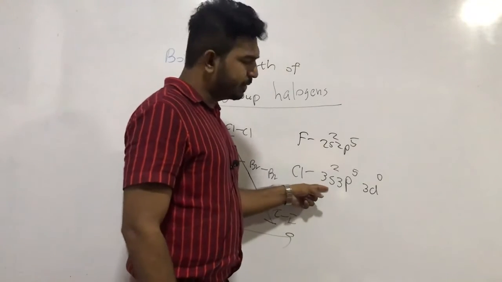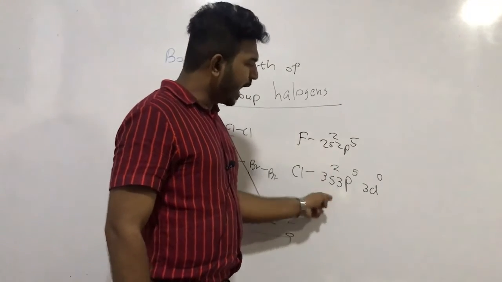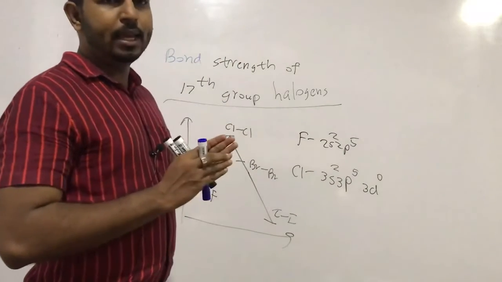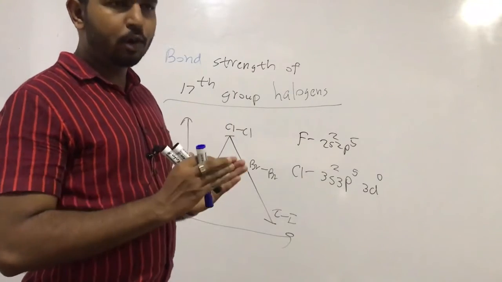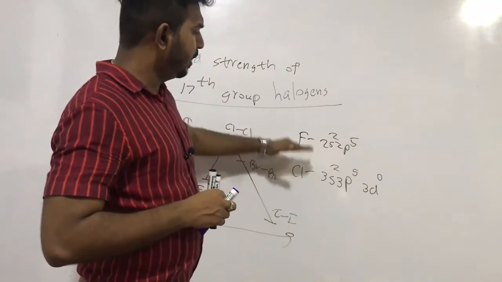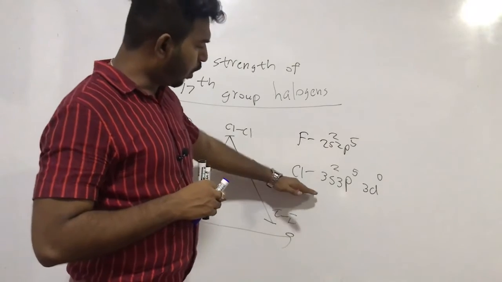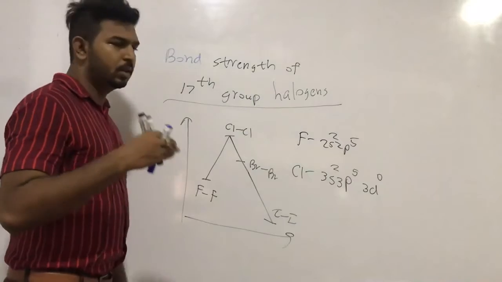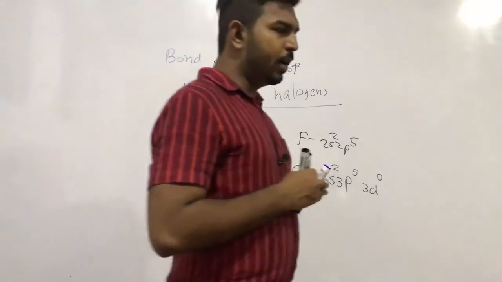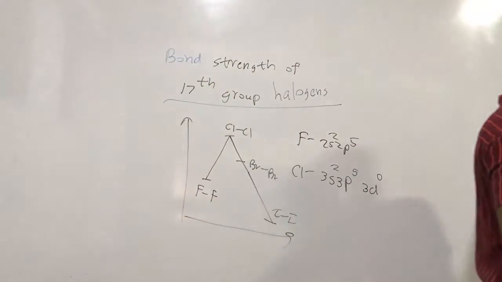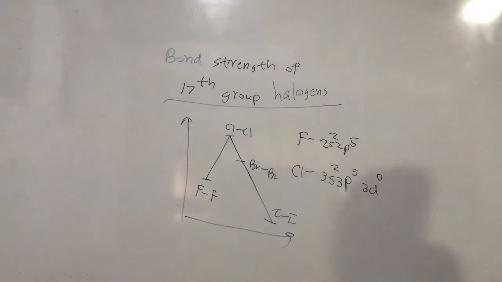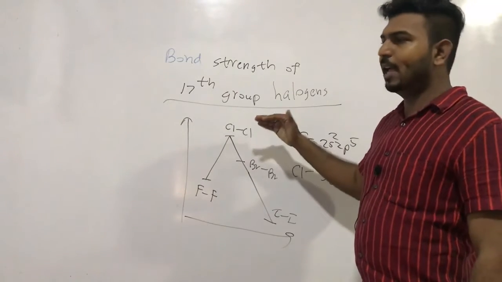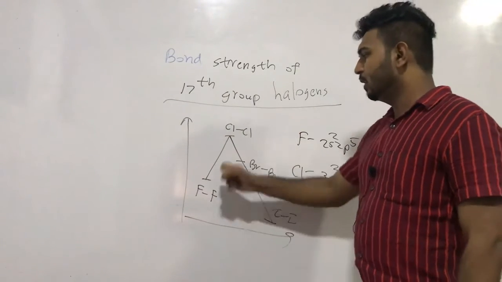Since electrons can move to this 3d orbital, there can be more attraction forces for chlorine than fluorine. Did you understand that? Do you realize the reason chlorine has a higher bond energy than fluorine?